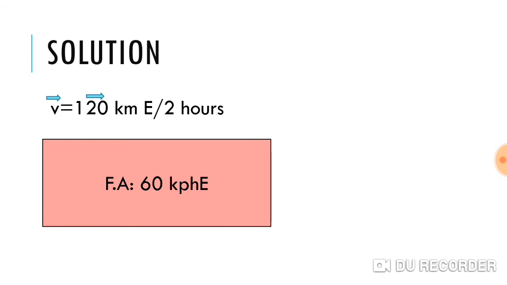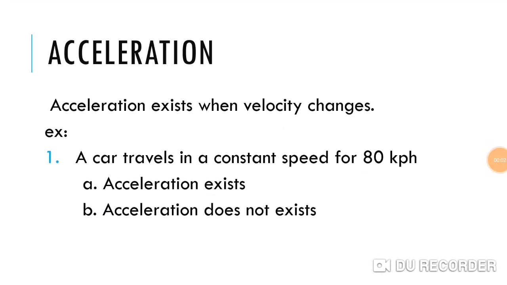Solution. Average velocity equals 120 kilometers east divided by 2 hours. And your final answer will be 60 kilometers per hour east.